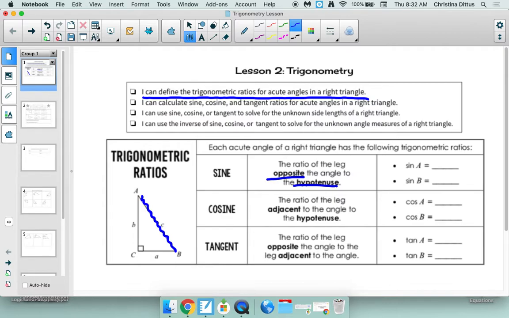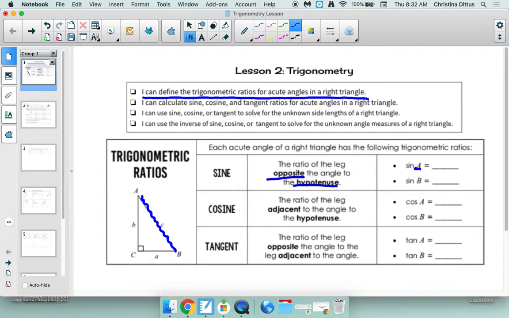If you look at this first one, it says take the sine of angle A. So next to sine, cosine, and tangent, these letters are always angle measures, because you can't take the sine of a side length. You have to take the sine, cosine, or tangent of an angle.